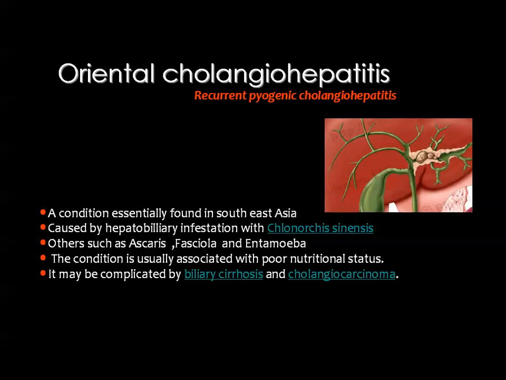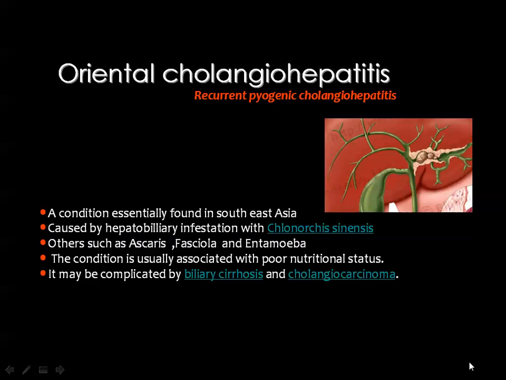Then we come to the issue of inflammatory cholangitis. You know that cholangitis may present in clinical practice in two major forms. Number one is pyogenic or oriental cholangitis, and the second one is the sclerosing type of cholangitis.